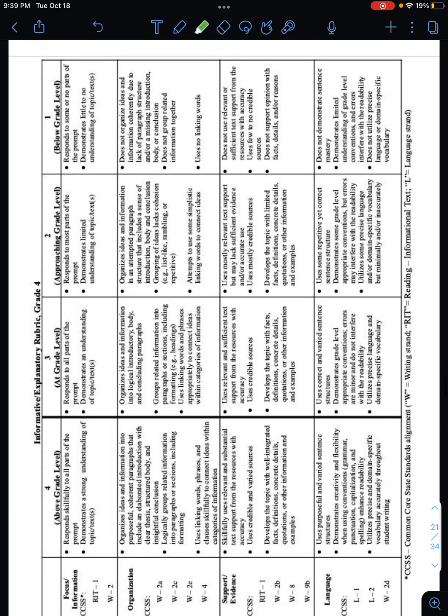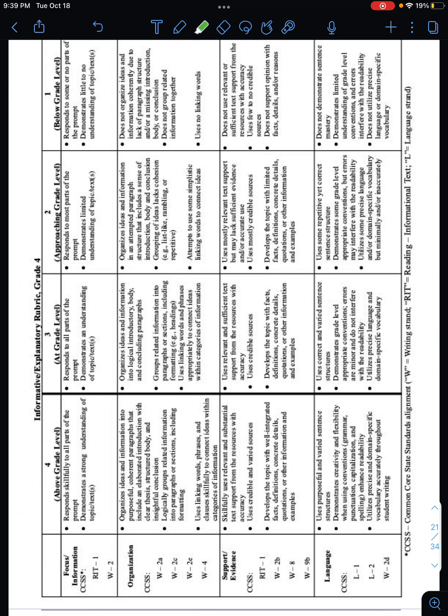Okay, so we talked about this a little bit. Here is your rubric. Okay, things that we should have are, this is a 4 for a rubric. It's above grade level. Okay, this is a 3, it's at grade level. This is a 2, it's approaching. And this is a 1, which is below grade level.